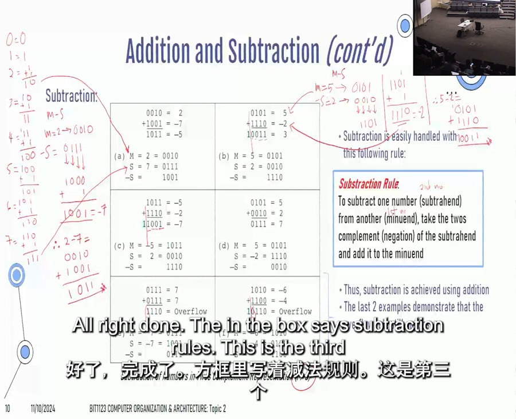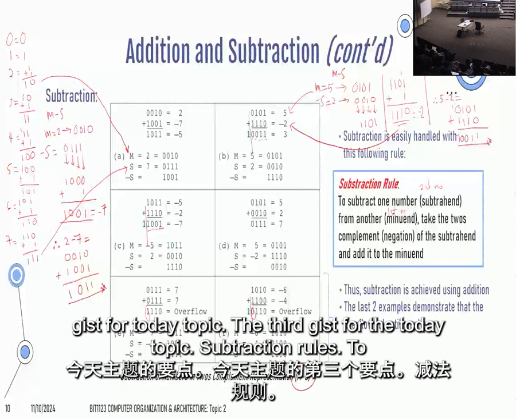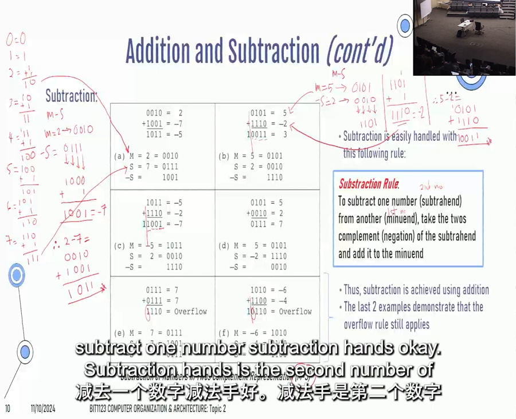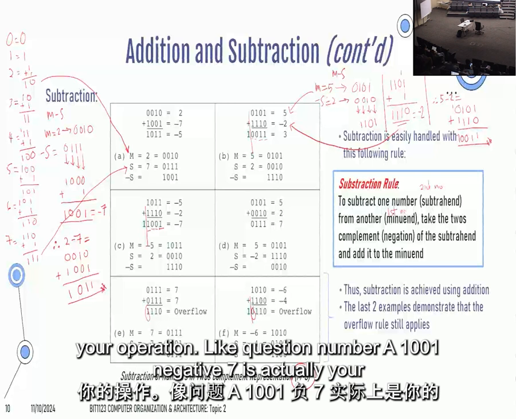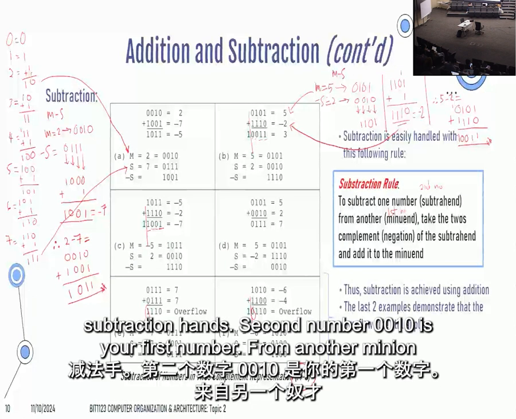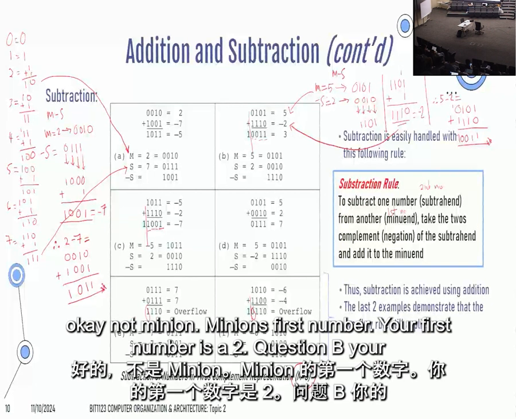All right, done. In the box it says subtraction rules. This is the third gist for today's topic, subtraction rules. To subtract one number, the subtrahend is the second number of your operation. Like question A, 1001, negative 7, is actually your subtrahend. The second number, 0010, is your first number, the minuend.